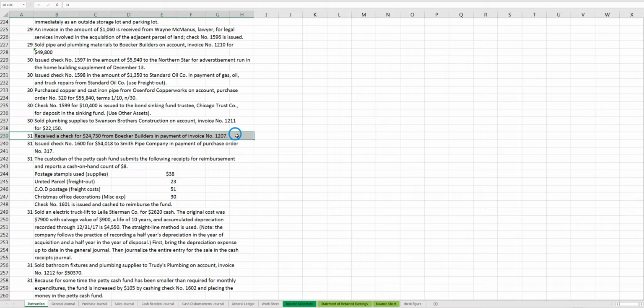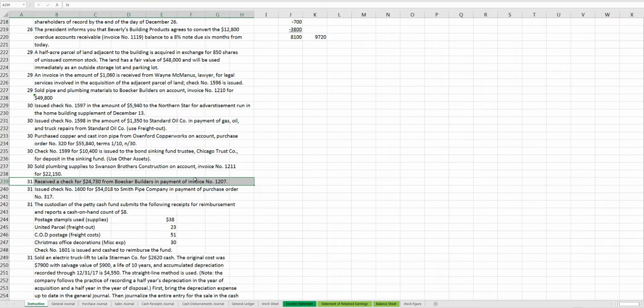Next, we receive a check from Boca Beauty in payment of invoice 1207. Right, that's our cash receipts transaction. But I don't know anything about the discount, so let's find out where invoice 1207 is.